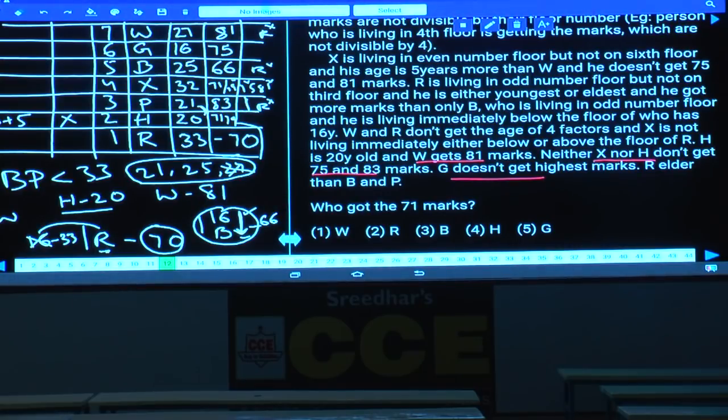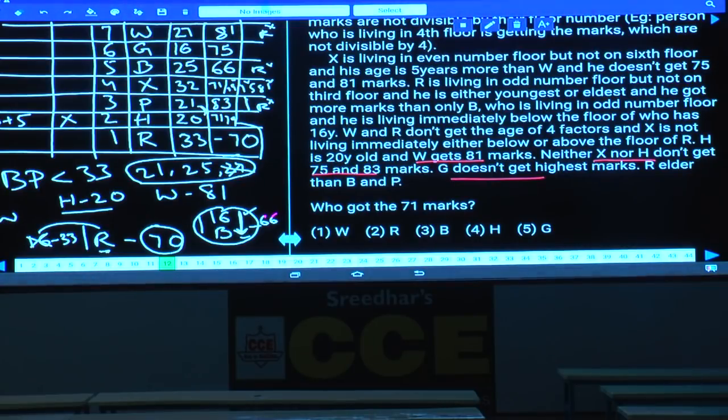Clear now? Regarding X and H, no information is given regarding their marks. And these 71 and 79 are prime numbers, and they are not divisible by any of these floors as well. Then what is the final order here? The final order is W, G, B, X, P, H, R, and the ages of these persons are 27, 16, 25, 32, 21, 20 and 33.